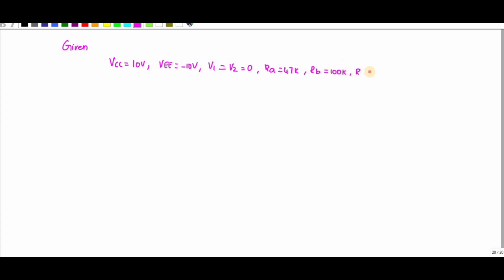Next RC, RE and the RE3 is equal to 4.7K. Okay. So assume that Q1 and Q2 are perfectly matched. Okay, and they are asking what is V0.